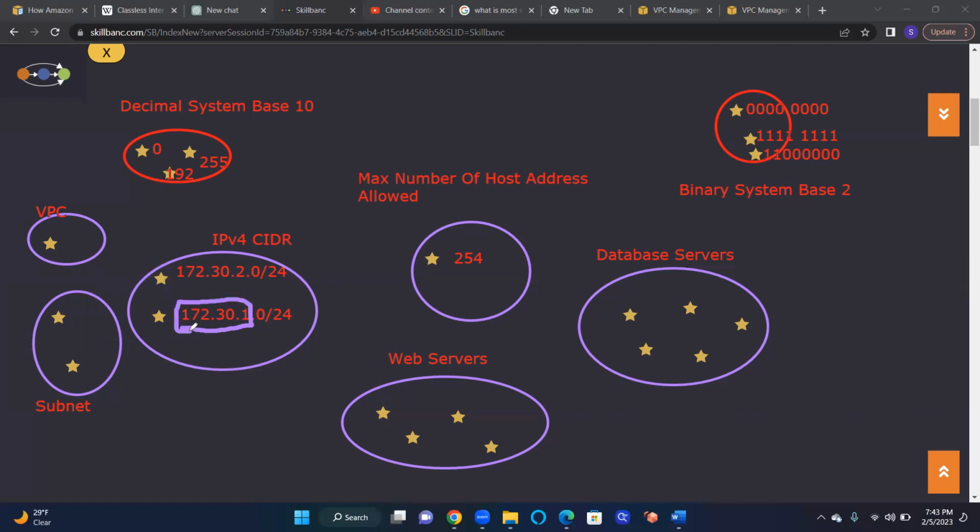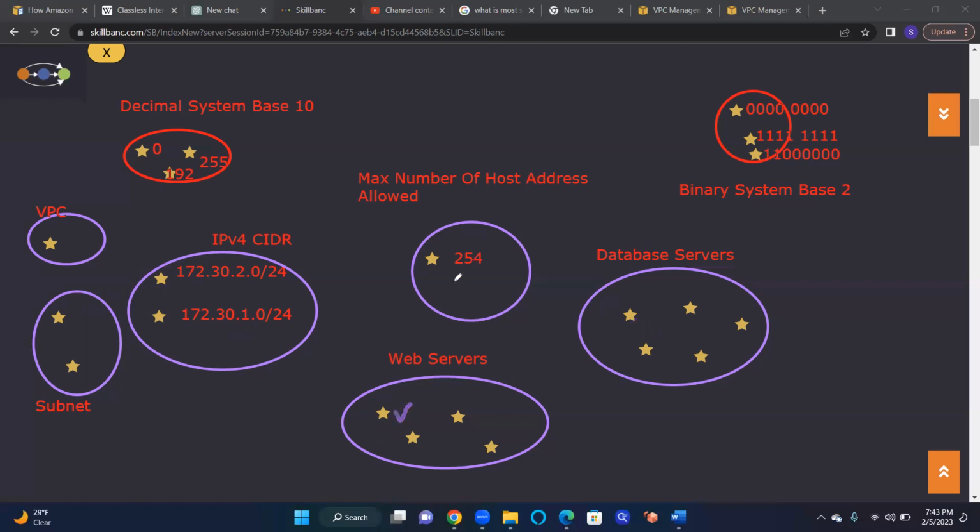If you convert them into binary, these will be used for identifying the network subnet, and the rest of the values 0 to 255 can be used for hosts. Host means machines. I'm hosting a web server, I'm hosting a database server. So I can assign an IP address to each one of them.